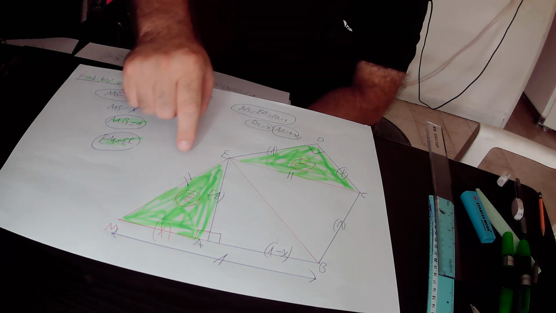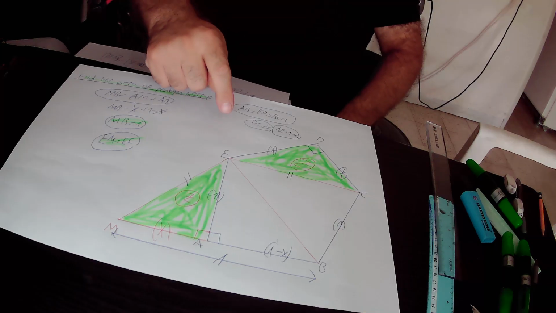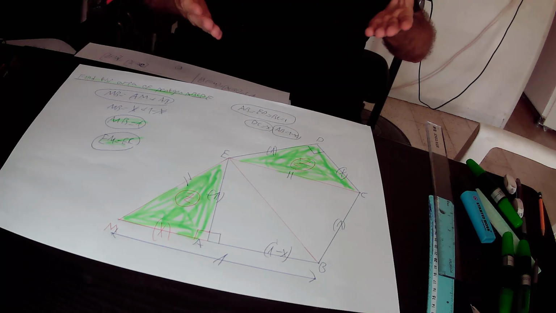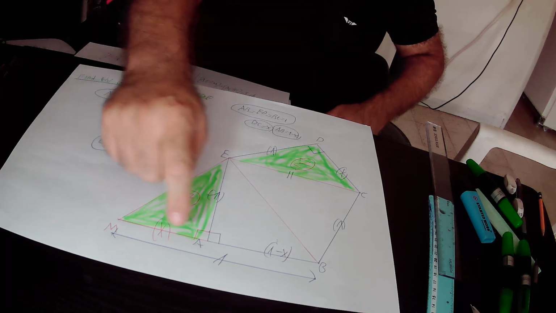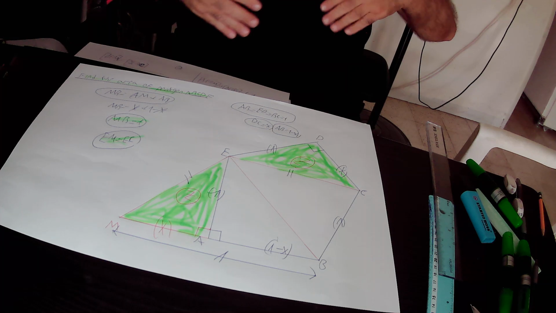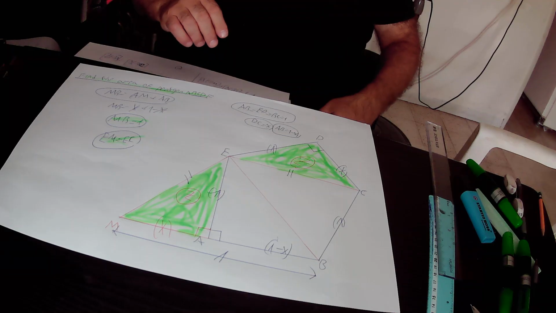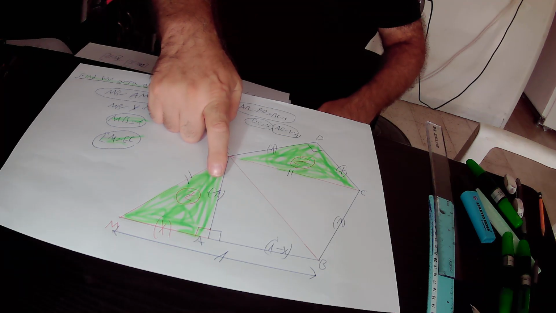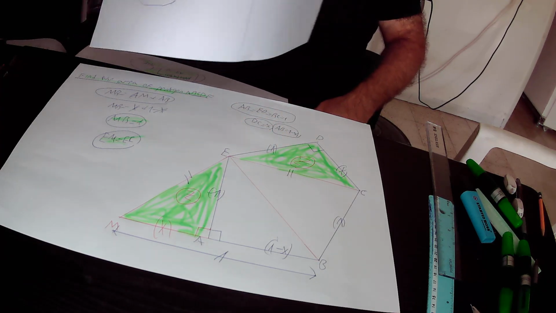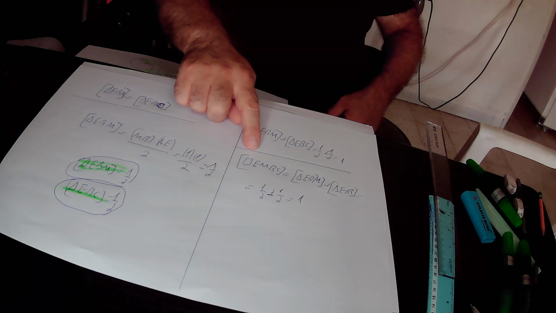But this is the big quadrangle EMBC. The big quadrangle EMBC consists of those two triangles, triangle EMB and triangle EBC. And therefore, the area of the big quadrangle EMBC must be equal to the sum of the areas of the two triangles that it consists of.